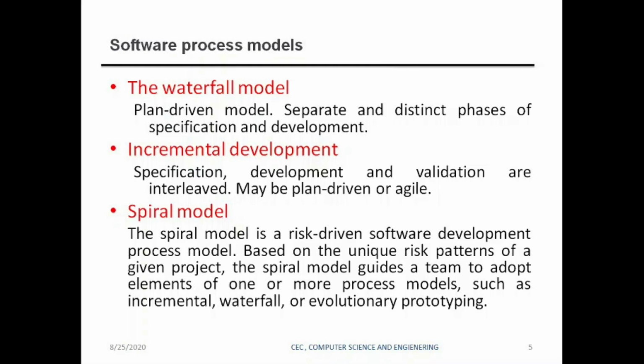The incremental development model implements both agile and plan-driven processes. The third one is the spiral model, a risk-driven model, where you apply both plan-driven as well as agile process methods.